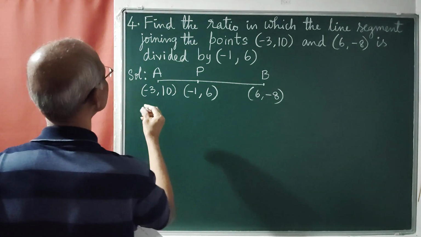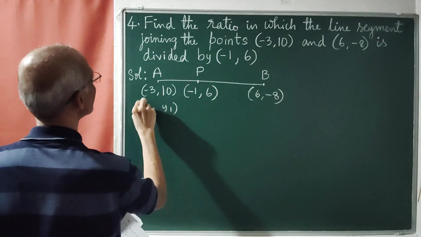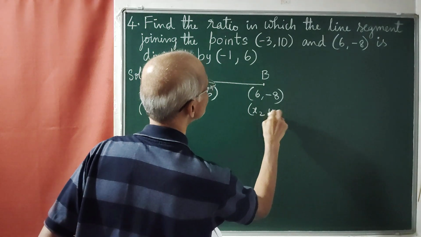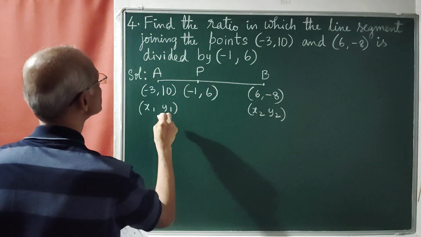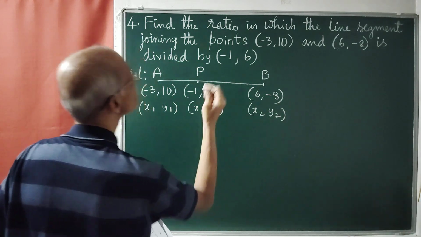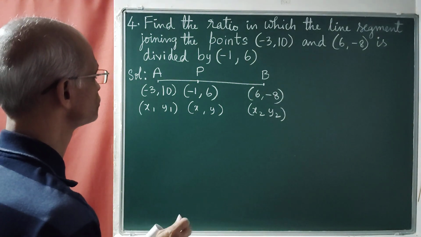So here this is x1 y1, this is x2 y2, this is xy, and we have to find out the ratio.